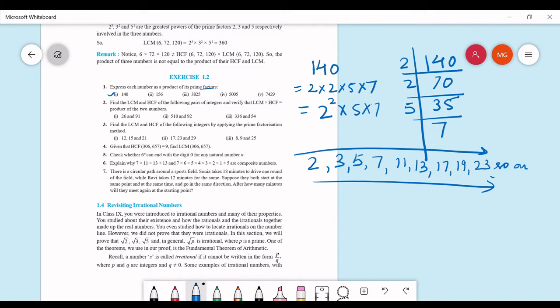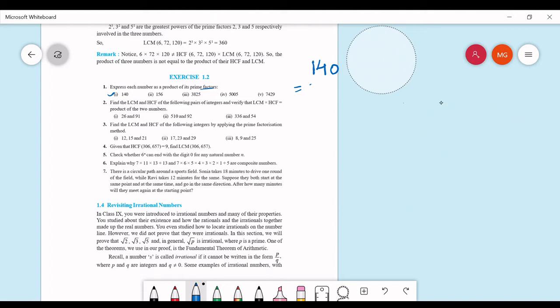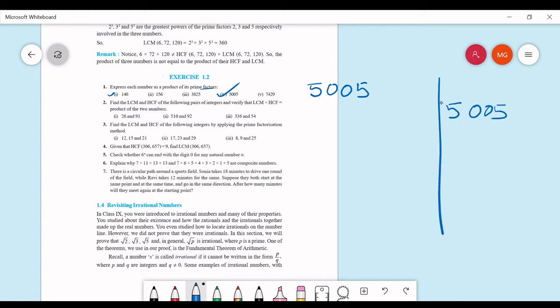So let us take another example. This is your fourth one, 5005, right? So 5005. How can we write this? See, it is very much clear that you cannot divide this by 2, right?